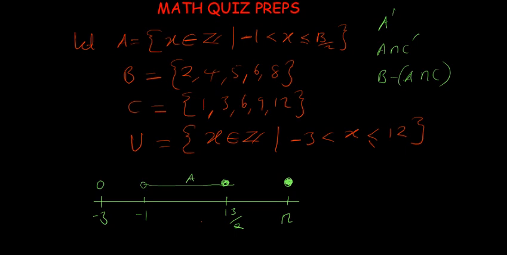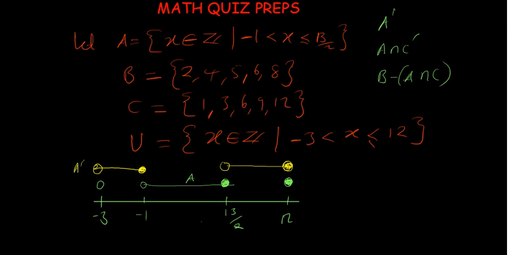Are we all fine with that one? Yes. So the complement then, since 13 over 2 is in A, the complement will not include it. When we reach the end of the universal set, remember 12 is included. Now -1 is not in set A, so it will be outside set A. So this is our A complement.